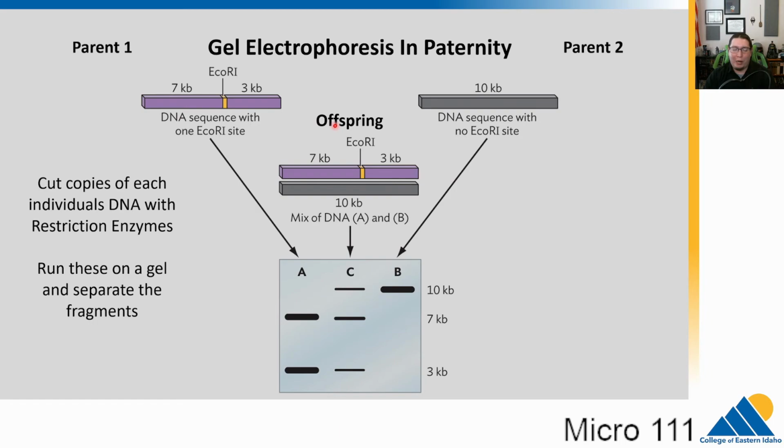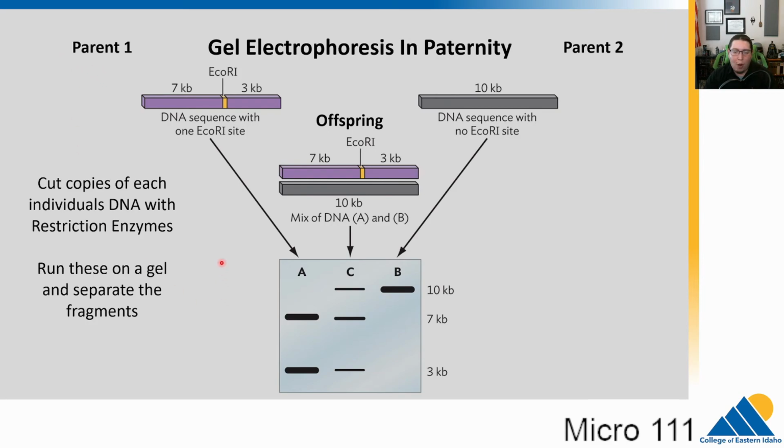Their offspring should be a mix of parent 1 and parent 2, right? Because half of your genome is from one parent and the other half is from the other parent. So they should have one of these and one of these. So, let's say parent 1 is claiming that they are not the father of the child.